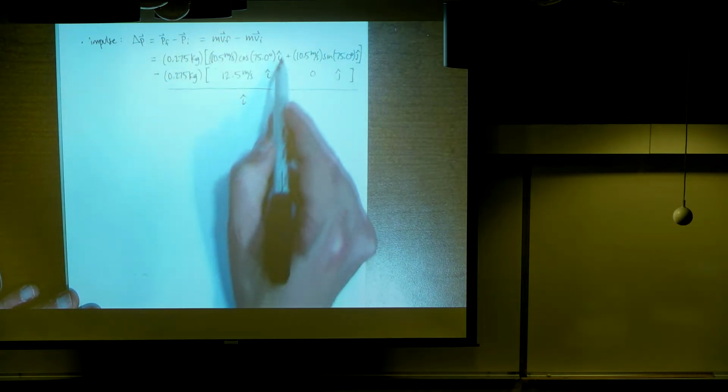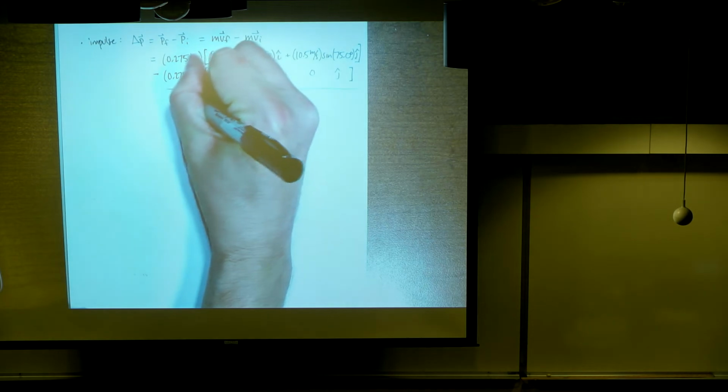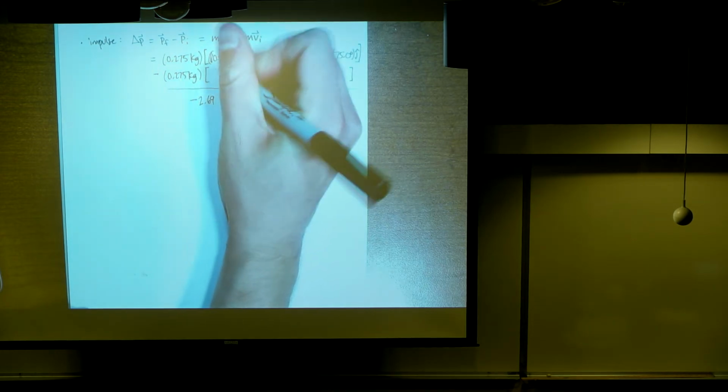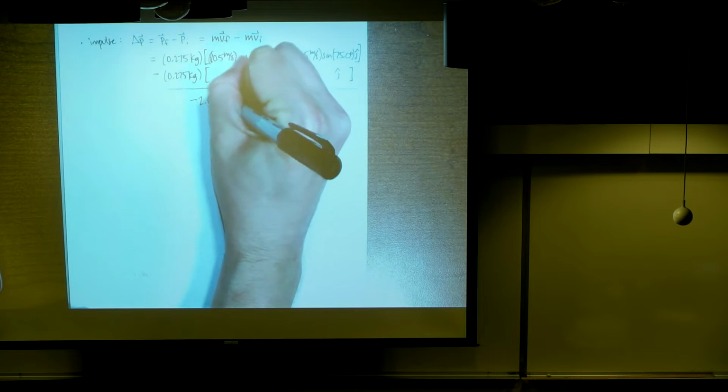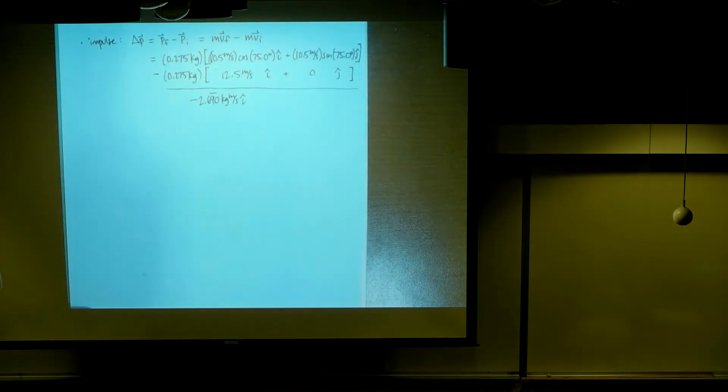That's going to give us just the x component, okay? If you crunch those numbers, I'll just tell you what you get. You can follow along and verify, but this is minus 2.69, and the units are kilogram meters per second. That's just the x component of our change in momentum, okay?